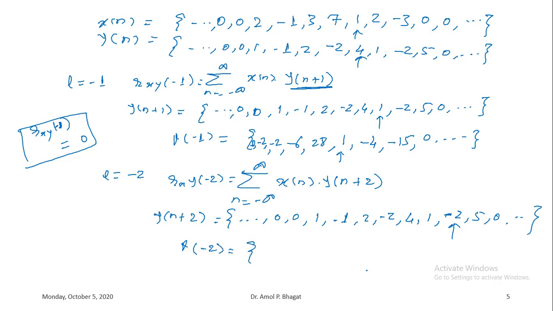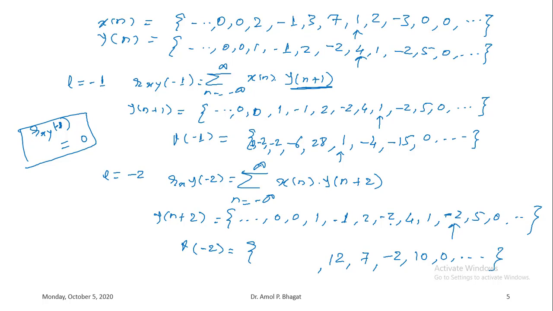So at origin minus 2 value is there, and in x of n at origin 1 is there, so the multiplication will be minus 2. 5 multiplied by 2 will be 10, right? Remaining values are 0 here, so all will be zeros on the negative side. So 1 will get multiplied with 7, so it will be 7. Then 4 gets multiplied with 3, it will be 12, right?